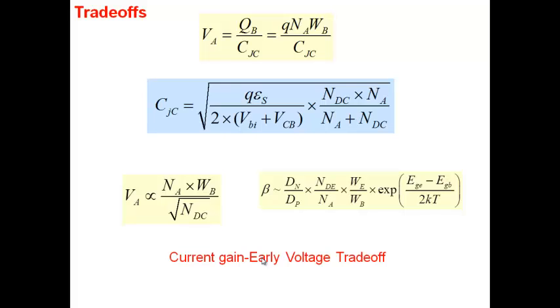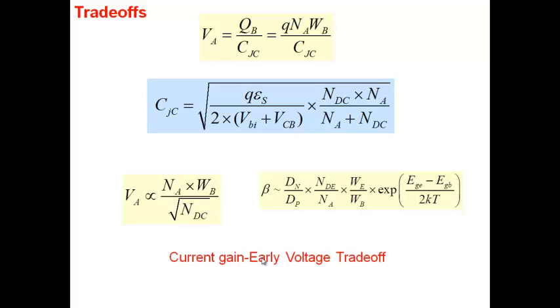But you know that it's not the complete story, because somebody may give you higher beta and higher VA by making the collector doping very small, and therefore give you very high current gain and high VA, but a very slow transistor, because collector transit time is very high. So you know that this is not the complete story.